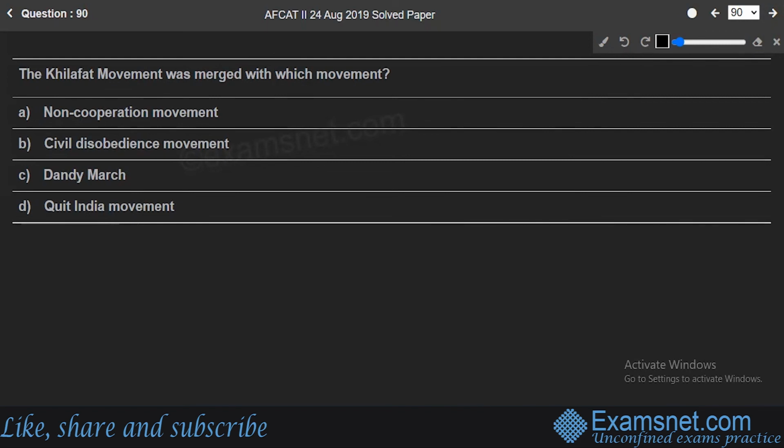This was the first Hindu-Muslim protest against British rule. The movement became the symbol of Hindu-Muslim unity. So the answer is non-cooperation movement. It brought the Hindus and Muslims together for the first time against the British rule, and this led to the foundation of Hindu-Muslim unity. So this is the correct answer.